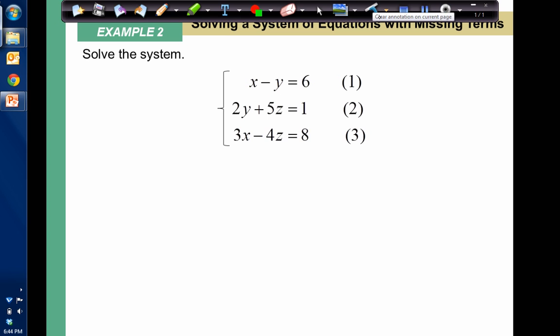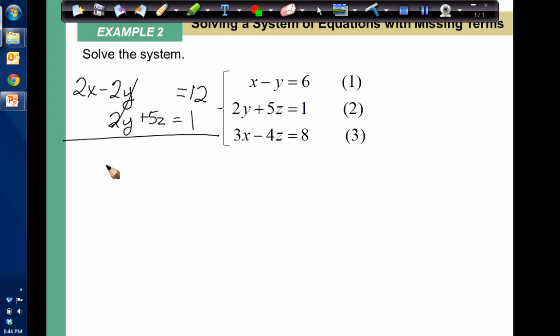So let's multiply the first equation by 2. We will get 2x minus 2y plus 0z equals 12. And in the second equation, we'll leave it alone. 2y plus 5z equals 1. So when we add it, the y's will cancel out. We'll have 2x plus 5z equals 13.